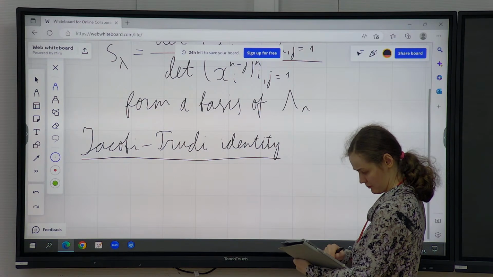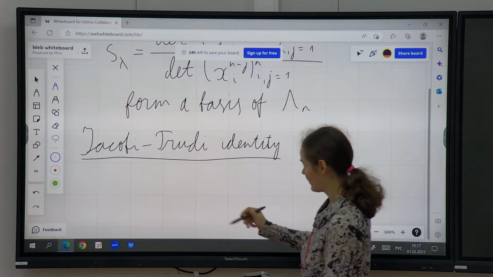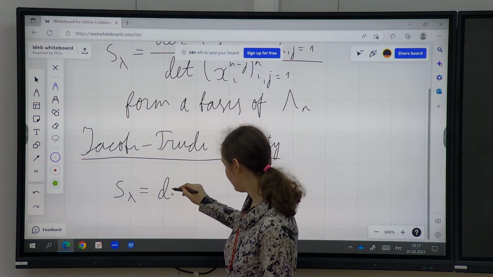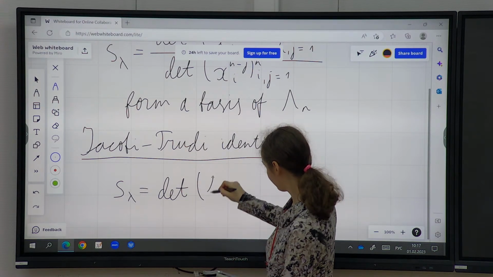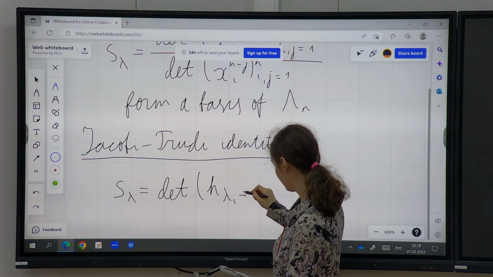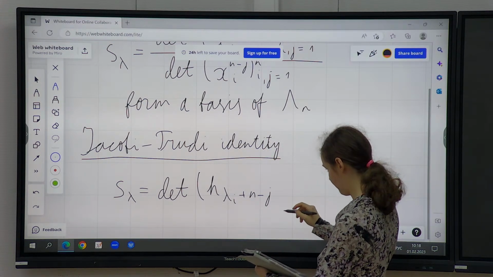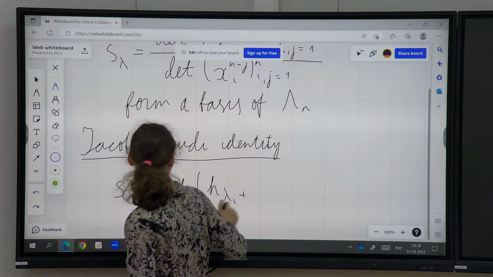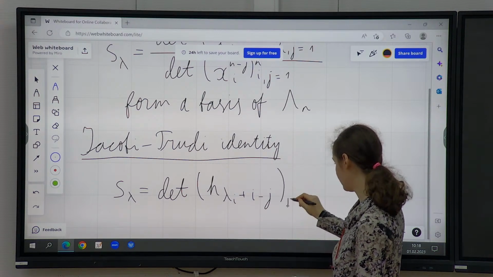And let me write this determinant. s lambda is equal to the determinant of this complete, h of lambda i plus j minus i, like this.